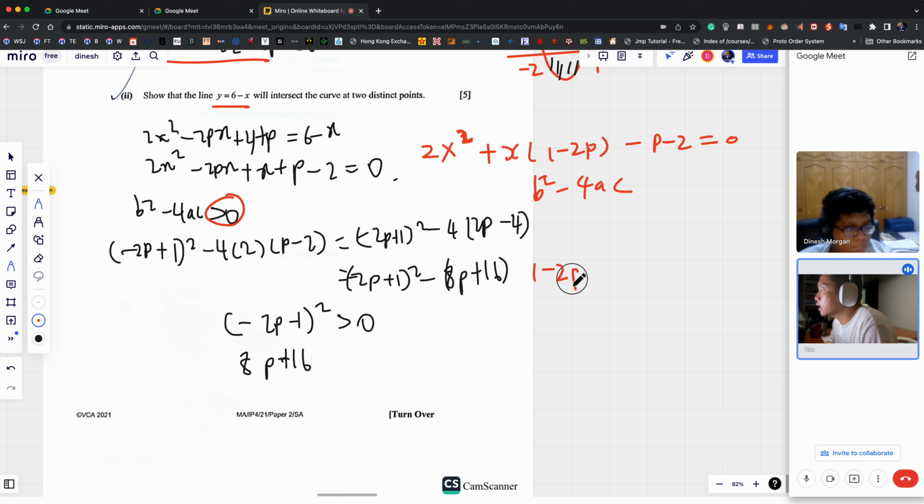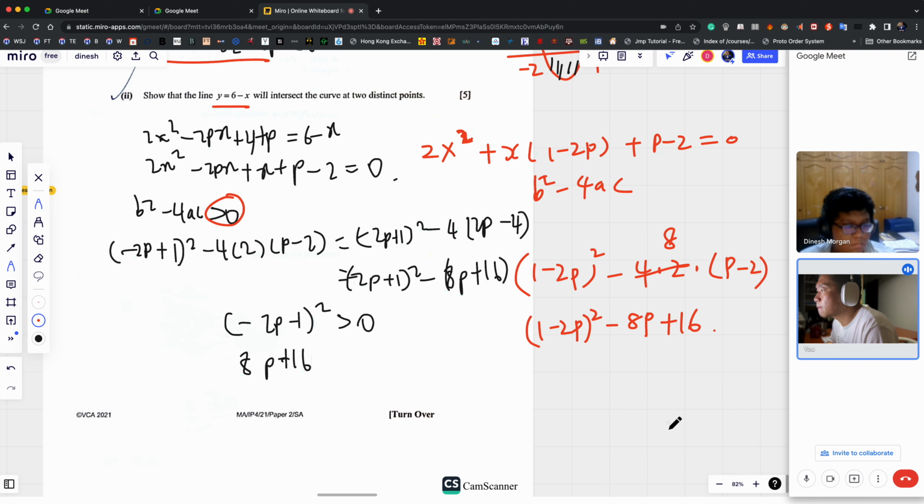This is your b squared, and then you have this minus 4ac, which is plus, then this is 8, so minus 8p plus 16.